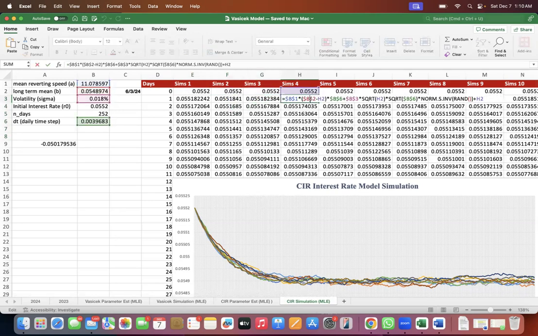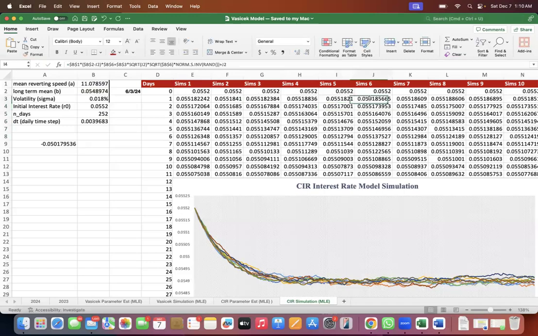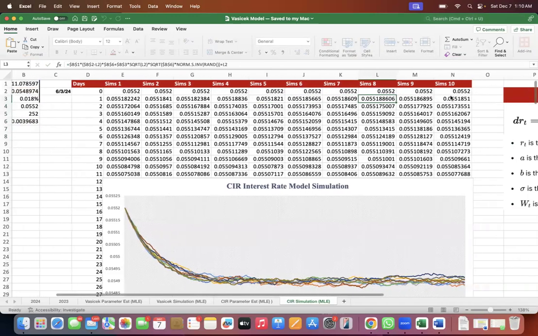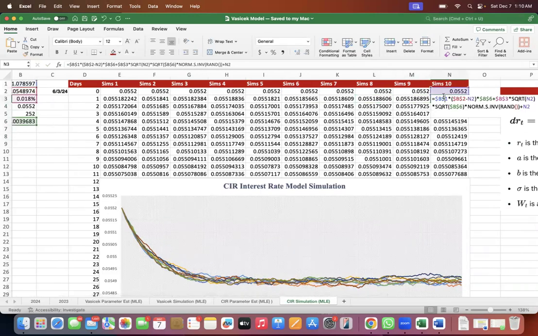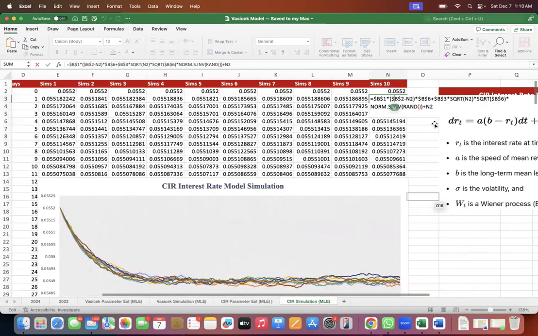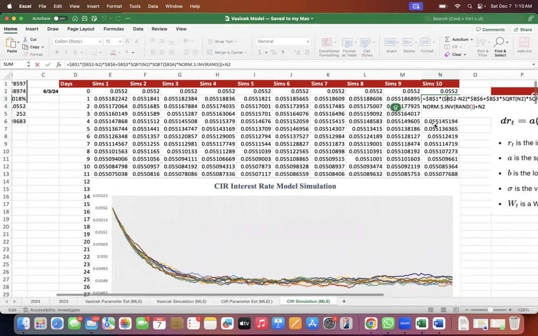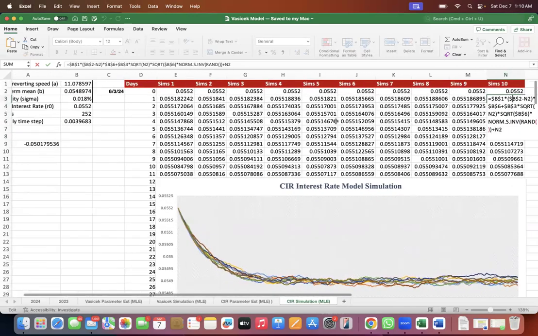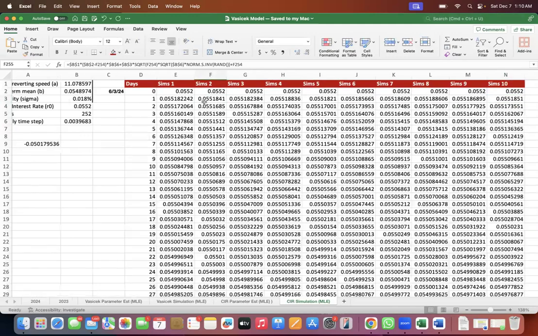And like this, we'll perform how many simulations? 1,000 or even much more than that. Okay, just for the use case, I have done only 10 simulations so that you understand how the CIR model is implemented in real life. But okay, that's how you will model the interest rates.